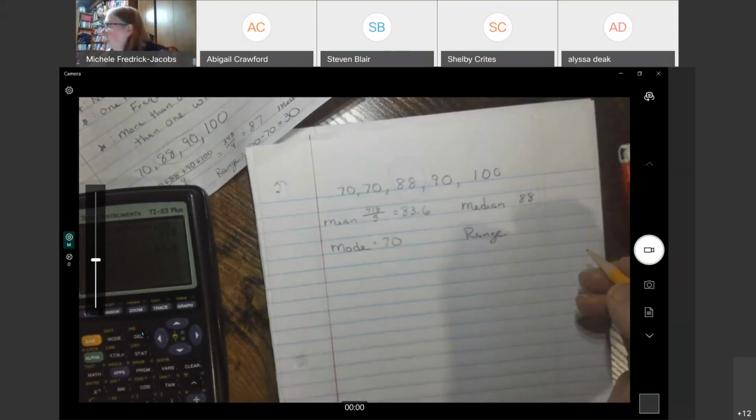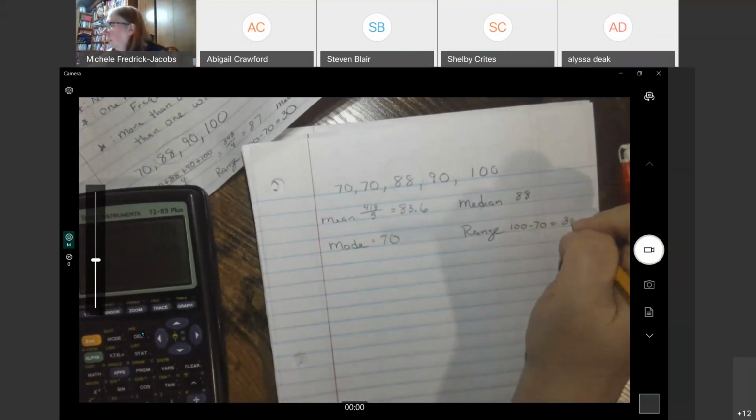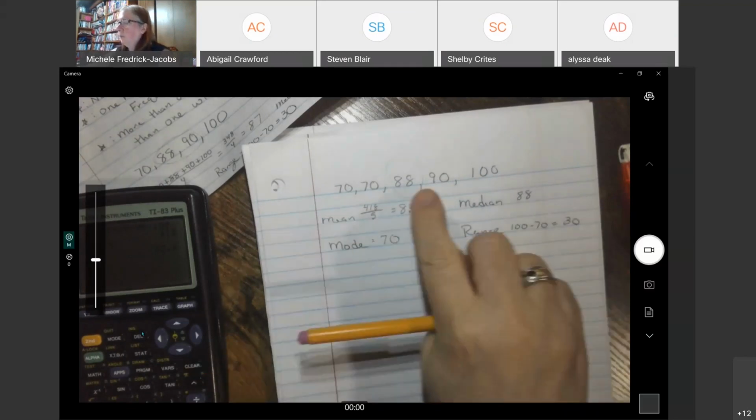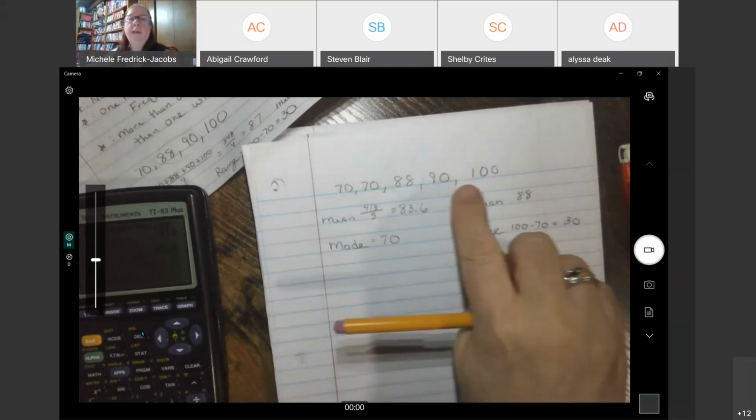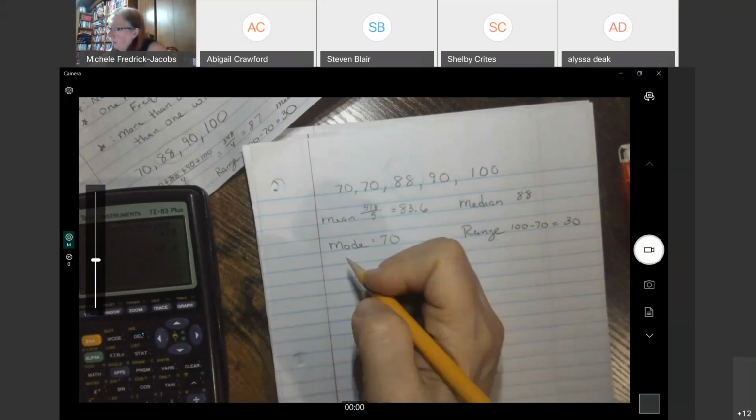And the range is the largest minus the smallest, which is again 30. Any questions on that one?